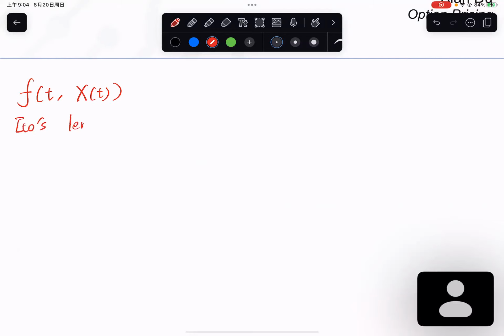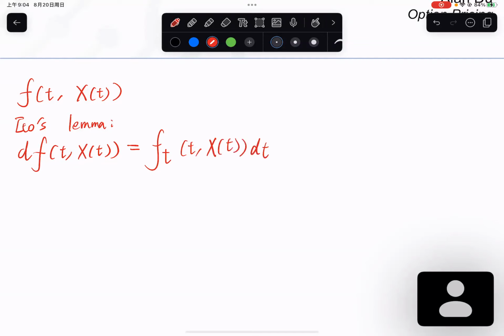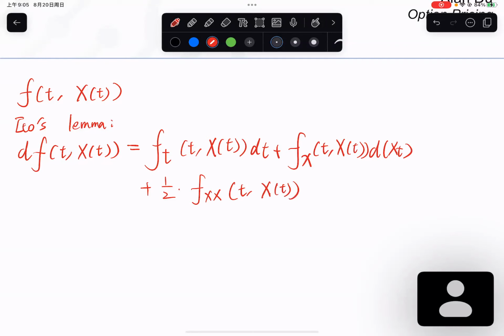Ito's lemma says df(t, X_t) should be equal to the derivative of the function according to t, dt, plus the first derivative according to x of f(t, X_t) dX_t, plus 1/2 the second derivative, where we take the derivative according to x two times of f(t, X_t), multiplied by dX_t squared.